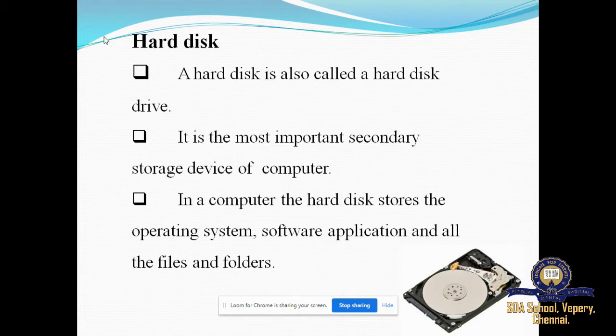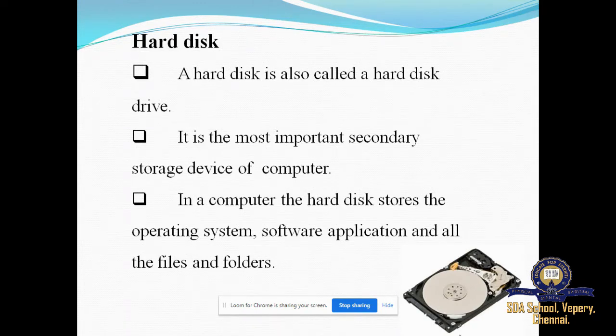Next, we move on to the topic hard disk. A hard disk is also called a hard disk drive. It is the most important secondary storage device of a computer.